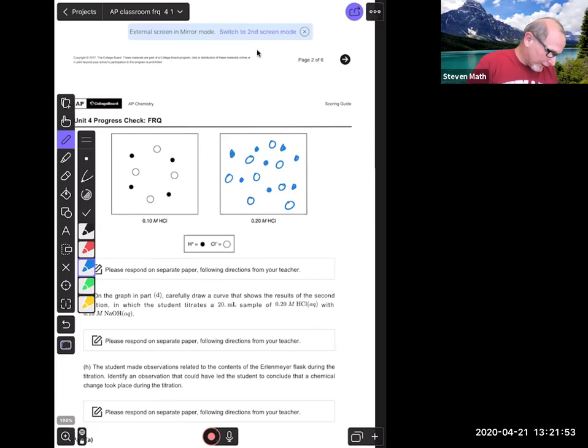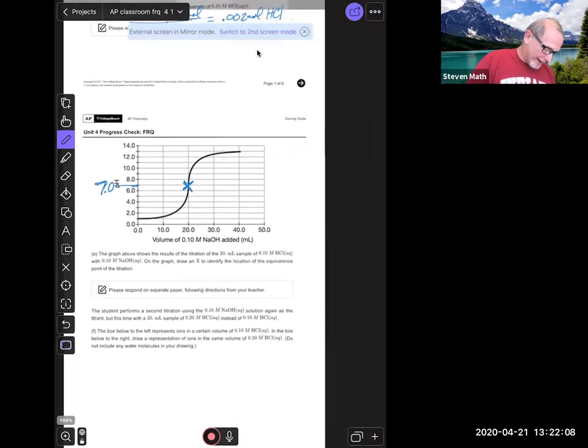But I really, really like this next question. G, on the graph in part D, carefully draw a curve for a second titration where 20 mL of 0.20 M HCl is titrated with the NaOH. So I'm going to come back, and now we're going to start at 1, come out, and mimic, and my equivalence point is still at 7, but my equivalence is happening out at about 40.